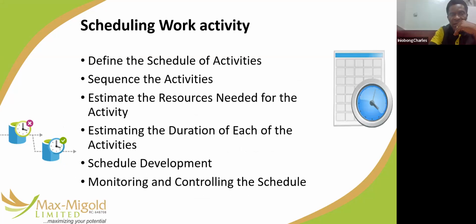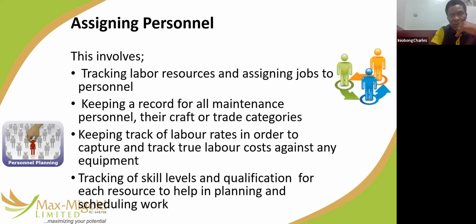Okay, all this is about the work order. Define the schedule of activities, sequence the activities, estimate the resources needed for the activities, estimate the duration of each of the activities, schedule development, monitoring and controlling the schedule. Assigning personnel, which is very, very important.